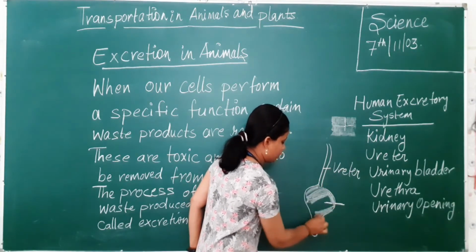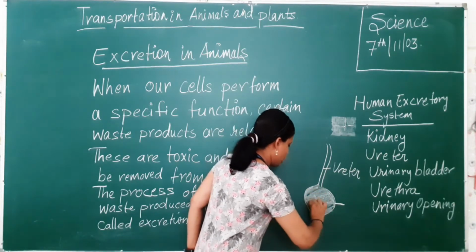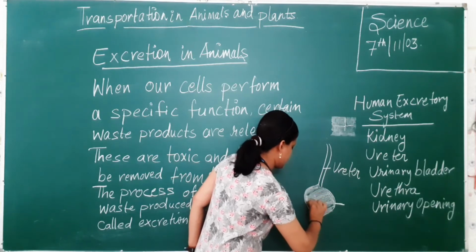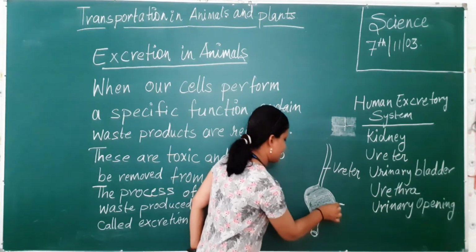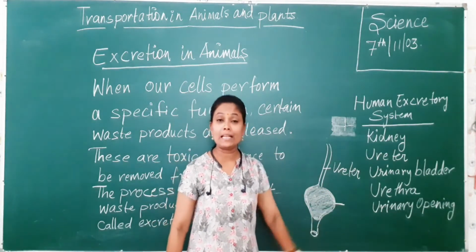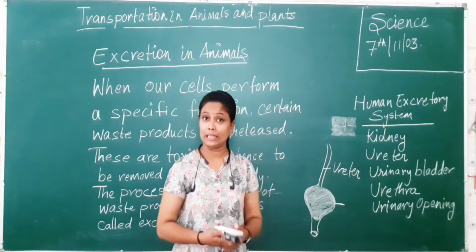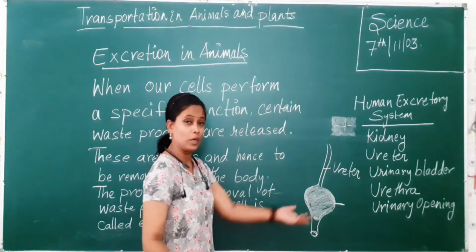Why am I shading? I am shading so that you can understand that it is a bag. Now the bag is filled with something. What is there? It's urine only, beta. Now sometimes what happens?